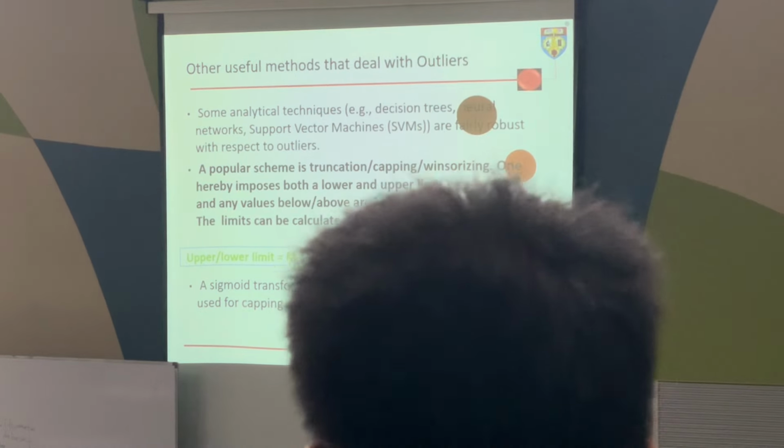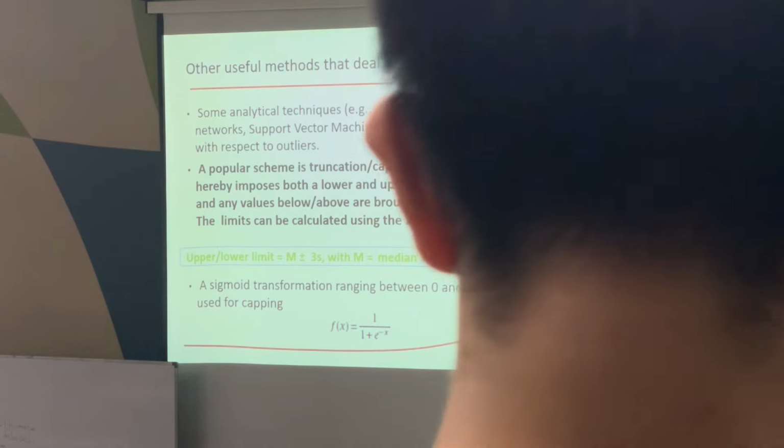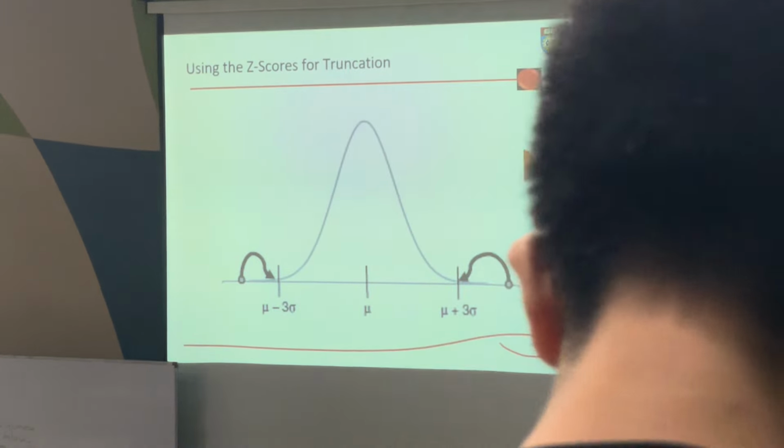Okay, and then this one is by using Z-score for truncation.